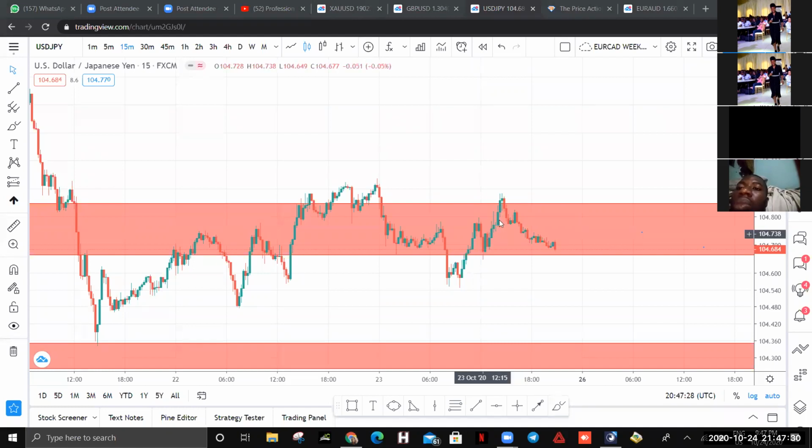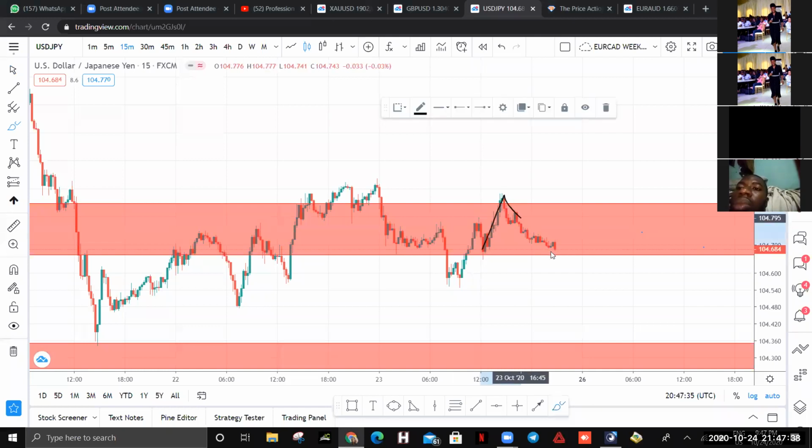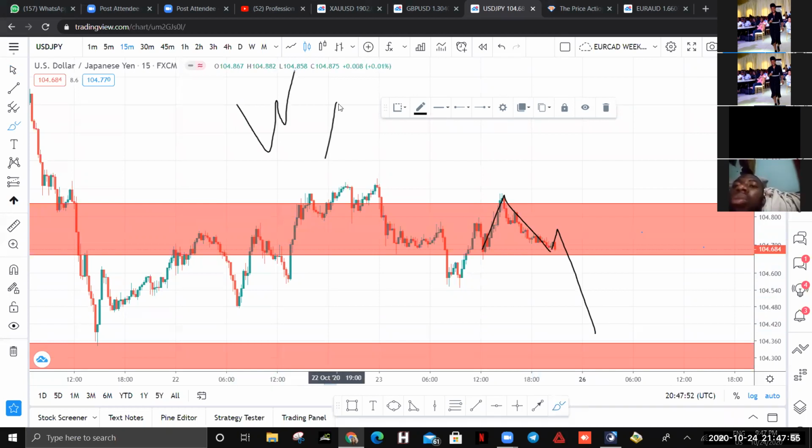Okay. But what I spotted here now is this cone pattern. This one here. Here and here. So when you see something like this, the market will do what? Go up, then continue. When you spot a V bottom, the market will do what? Come down a bit and continue going up. But when you spot a cone like this, the market will do what? Go up a bit and continue coming down.